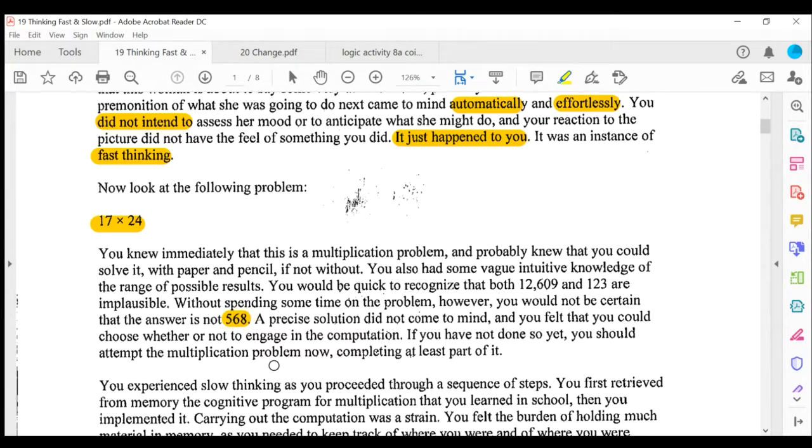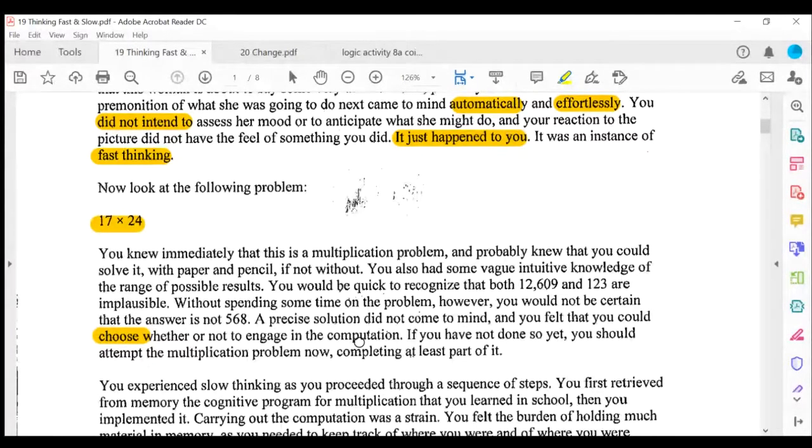That feels like before you look it up, before you sit down with a pencil and paper, that could be the answer. In this case, it's not actually. A precise solution did not come to mind immediately. You felt that you could choose whether or not to engage in the computation.